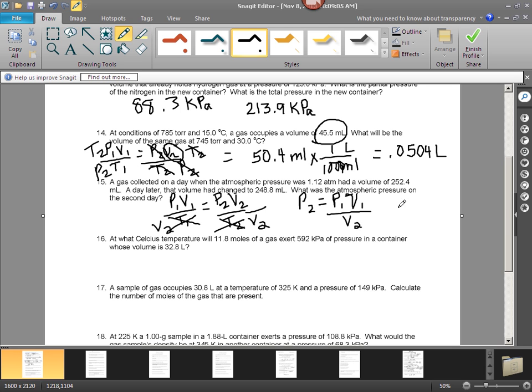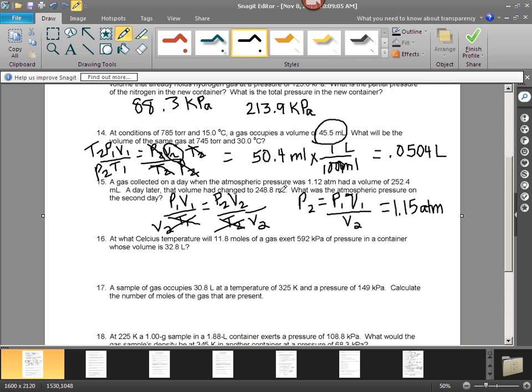You put all of those in. You can use the volumes in milliliters. That is fine because it's just a simple ratio. And your P2 is going to calculate out to be 1.15 atmospheres. And then go back and do the little double check. Is that what you expected?